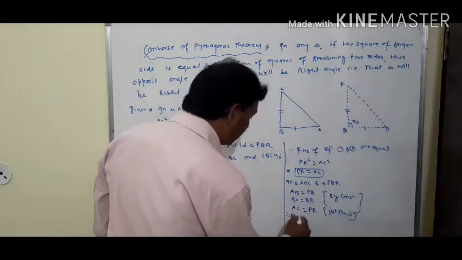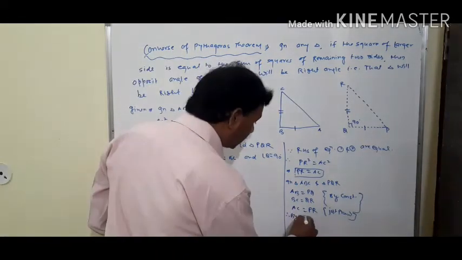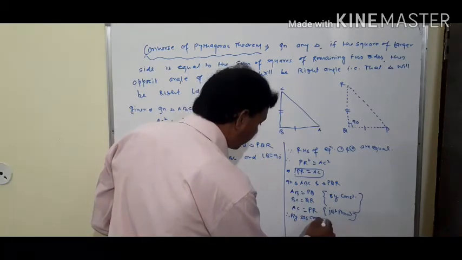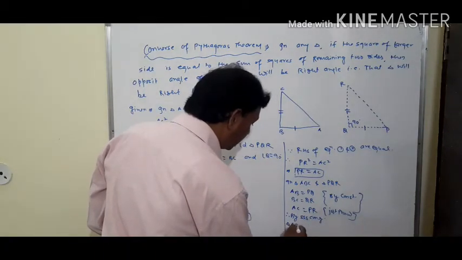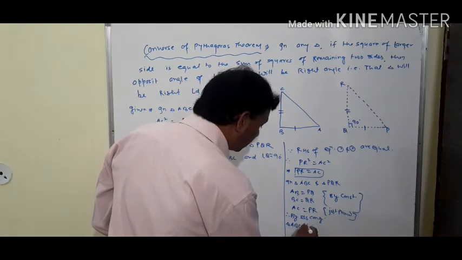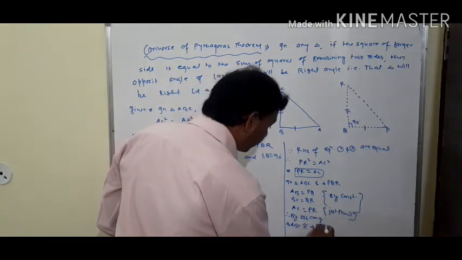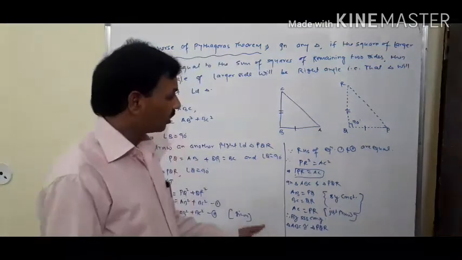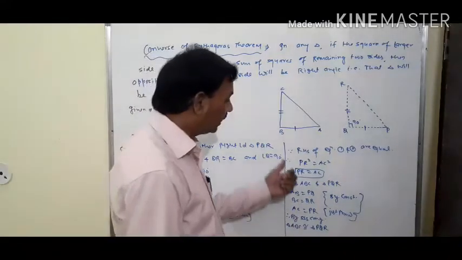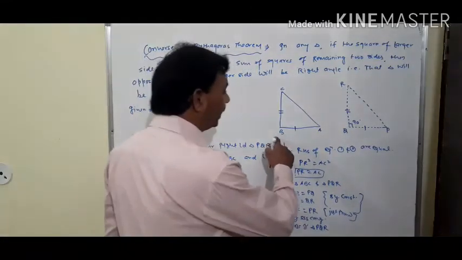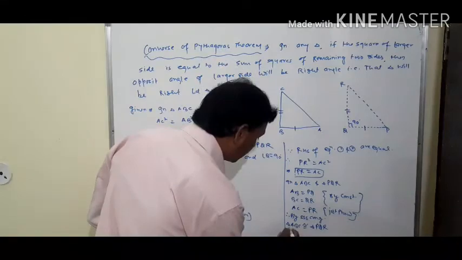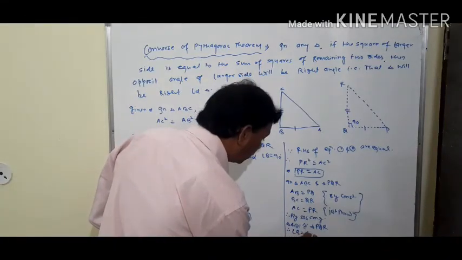Therefore, by triple S congruency, triangle ABC is congruent to triangle PQR. So by CPCT, angle B equal to angle Q.